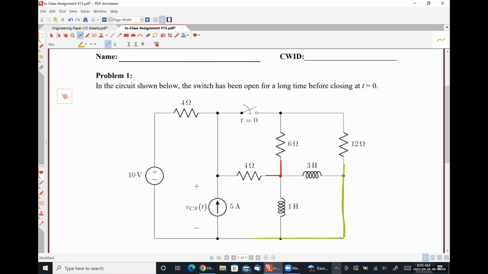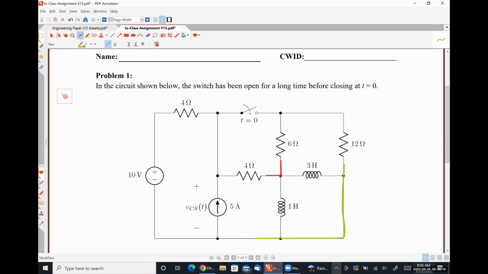Both inductors are connected between the red node and the green node. So the equivalent inductance would involve taking those two inductors out and replacing them with a single inductance connected between the red node and the green node. So what is 1 Henry in parallel with 3 Henrys going to look like? 3/4 of a Henry, absolutely right.